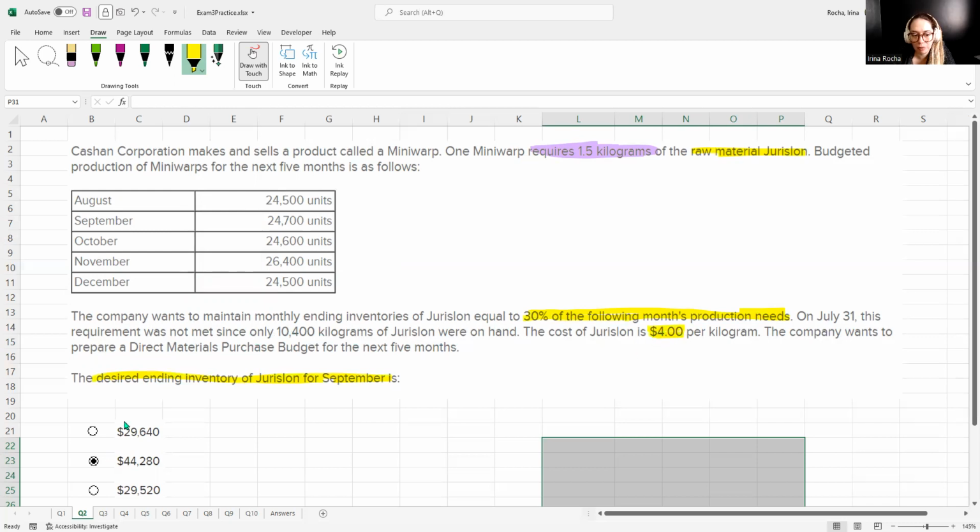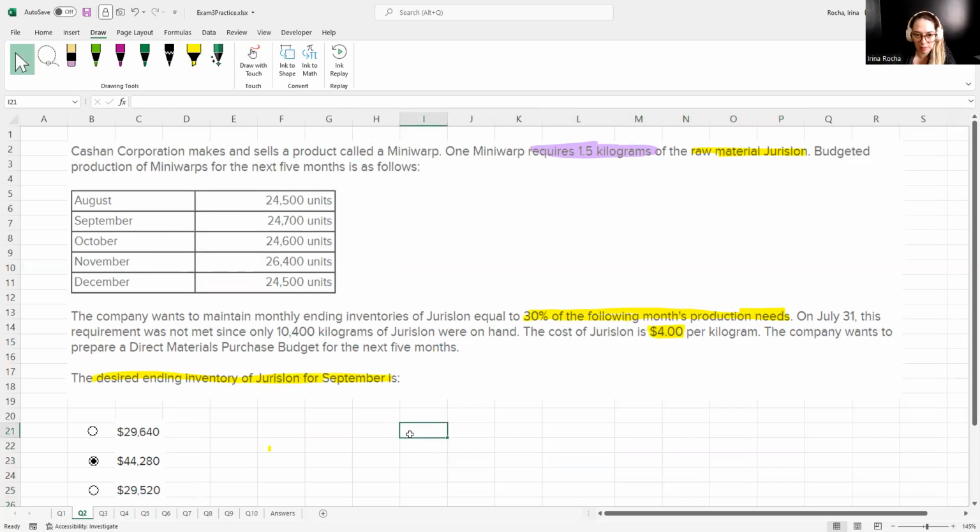This is important because if you see here, they're asking us in dollars. So how can we solve this? Well, the easy way I would say is, the desired ending for September is 30% of the following month's production needs. So for October, I want to produce 24,600 units. And I know that each unit requires 1.5 kilograms.